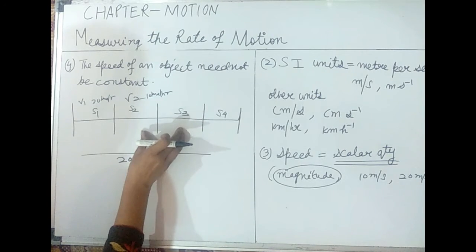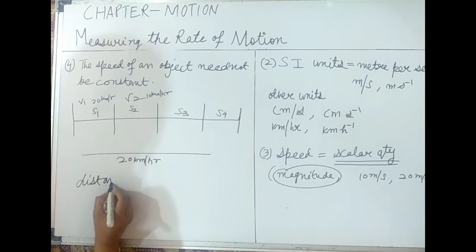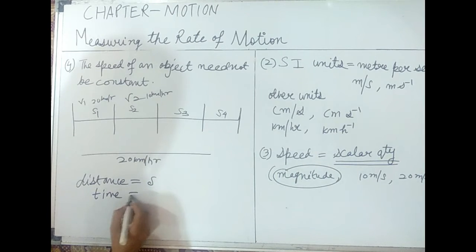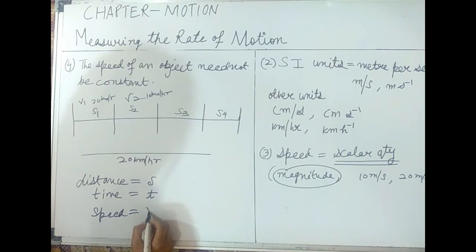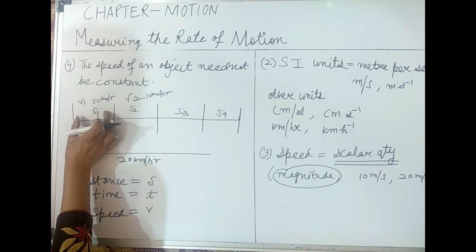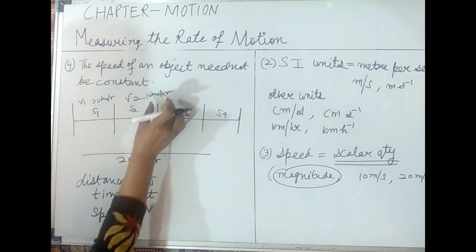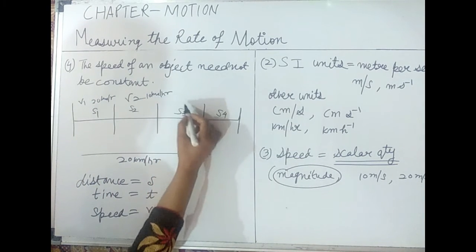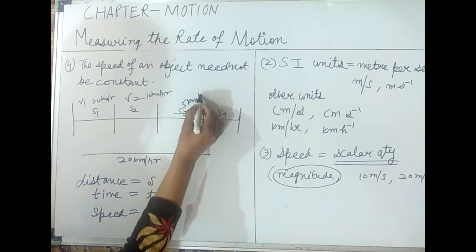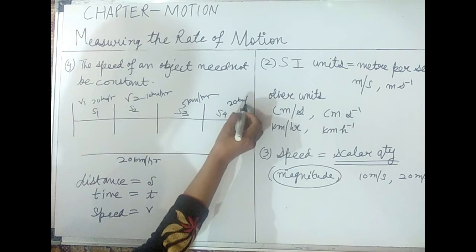Here we have represented distance with s, time with t, and speed with v. So initially, let's say for distance s1 the object is covering with 20 km per hour, s2 with 10 km per hour, s3 with 5 km per hour, s4 again with 20 km per hour.